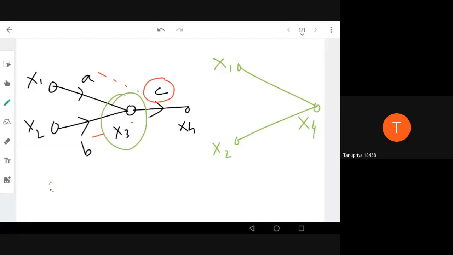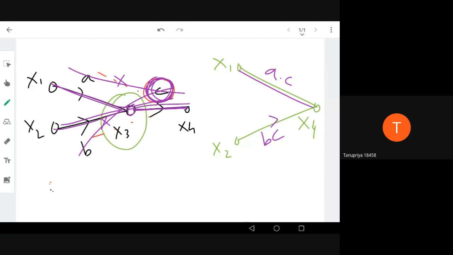This path has A into C, and this path has B into C. So this path's gain is AC, and this path's is BC. Very simple. We have two branches combining at x3 and another gain C, so C is common for both branches. The top branch is A into C, and the bottom branch is B into C, similar to block diagram reduction.